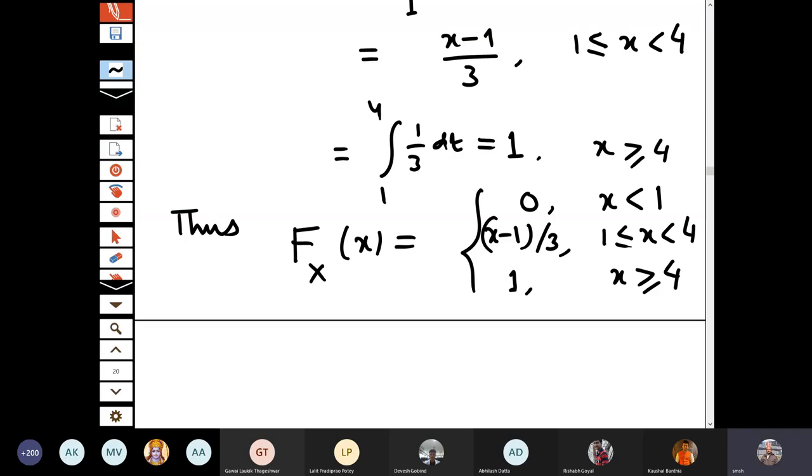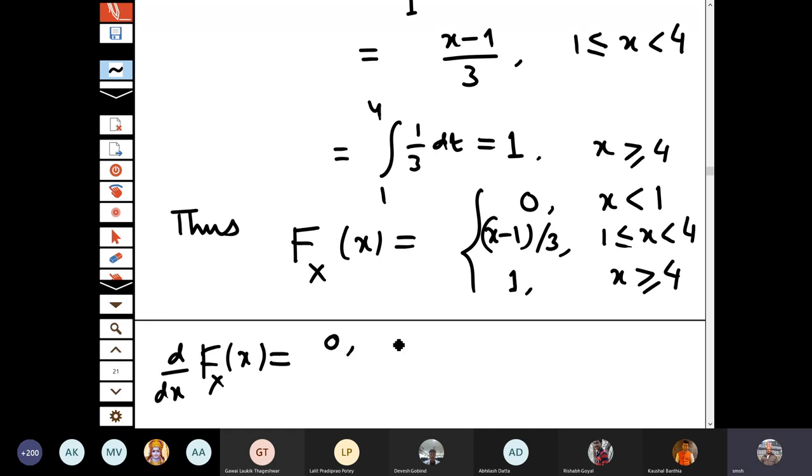And now let us look at the inverse relationship. I had mentioned that d by dx of F(x). So if you look at x less than 1, then it is 0. For x greater than 4, it is 0. And for x between 1 and 4, it is 1/3.